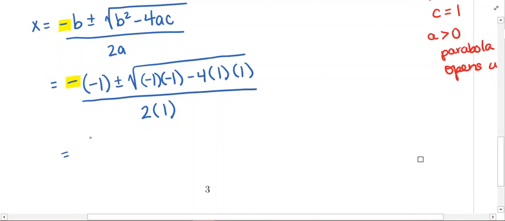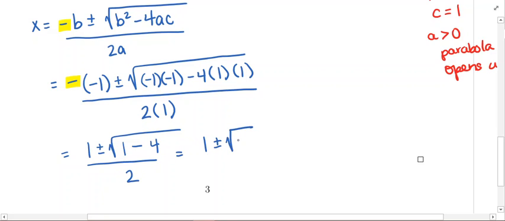Negative times negative will turn this top into +1, plus or minus the square root of, underneath the square root, we have -1 times -1 is +1, minus 4 times 1 times 1, that's 4. The bottom is 2. So if we keep going here, we're going to have 1 plus or minus the square root of -3 all over 2.